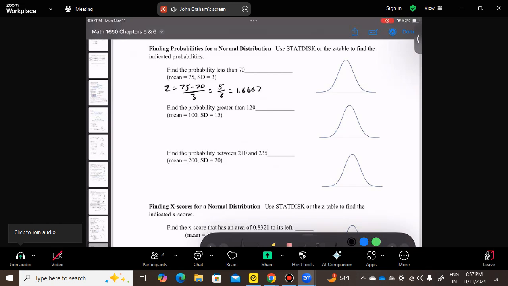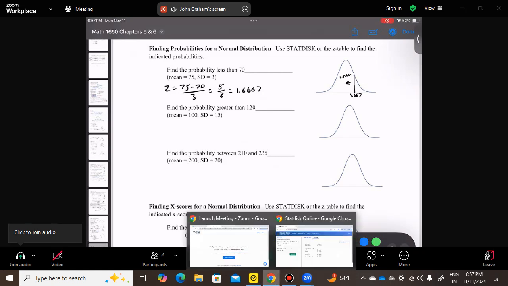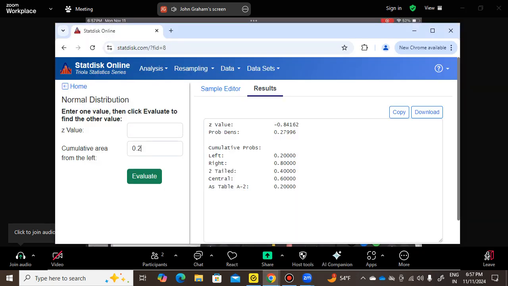It's good when you put this into StatDisk to do as many as you can. Now we are finding this less than that, so we are going to do it to the left. So find the area to the left. When you have repeating numbers like this, just put in as many as you can. And then take the area to the left here. So we get 95.2%.